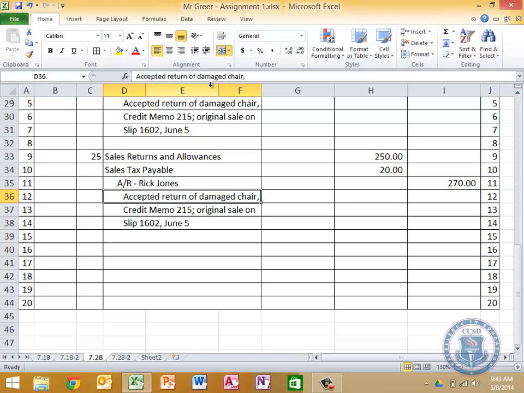We can say that we gave him an allowance for damaged goods. And this was for credit memo, what was it, 216? And the original sale was on sales slip 1604. How about that? 1604.